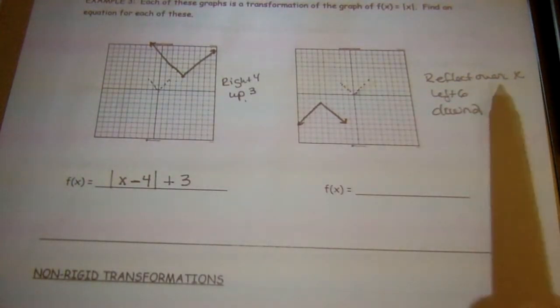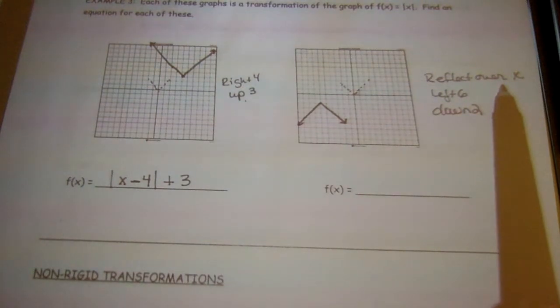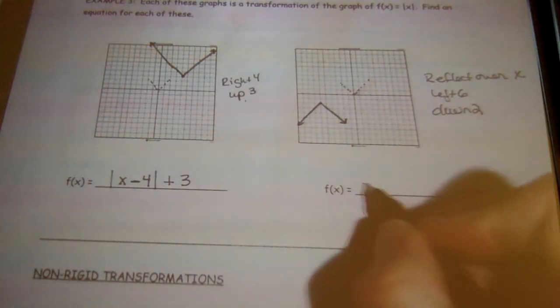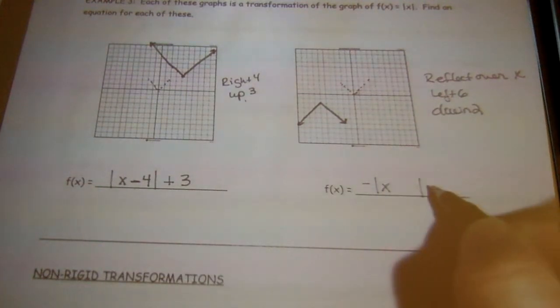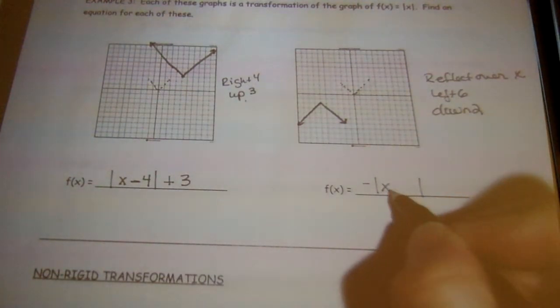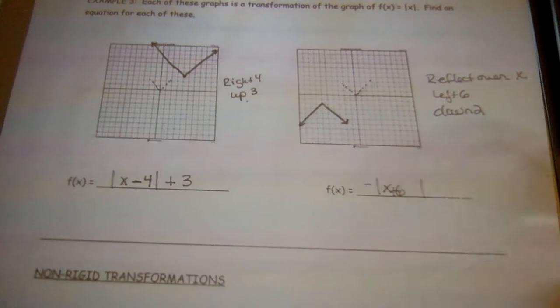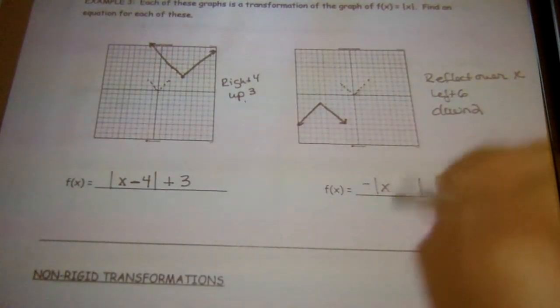So how do I reflect over the x-axis? Negative in front. What goes inside? X plus 6. What goes outside? Minus 2.